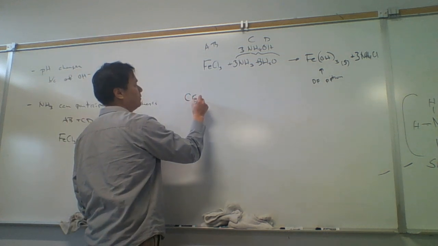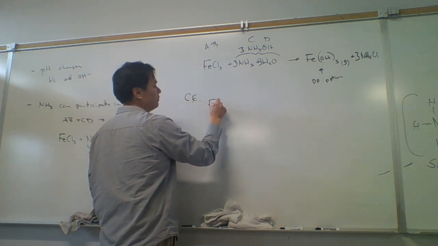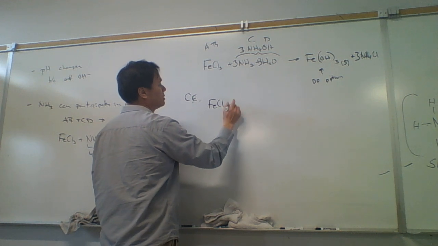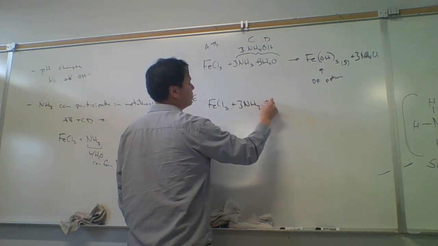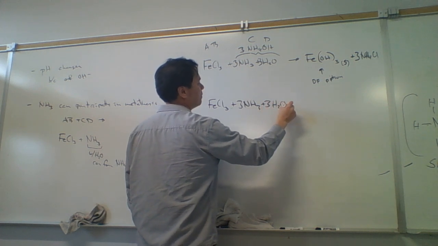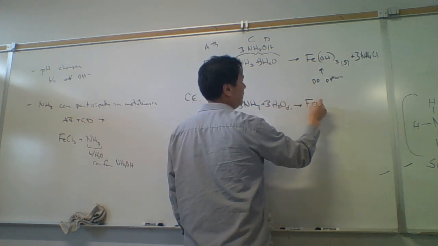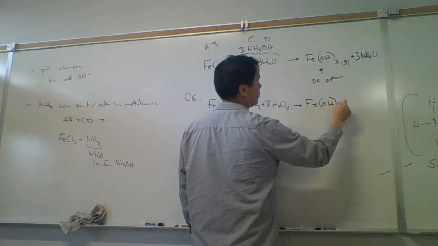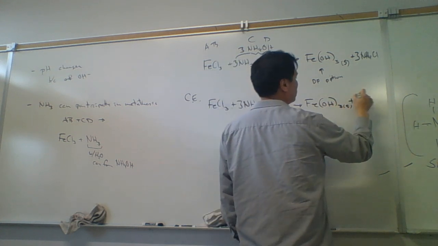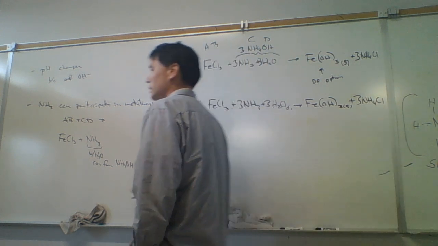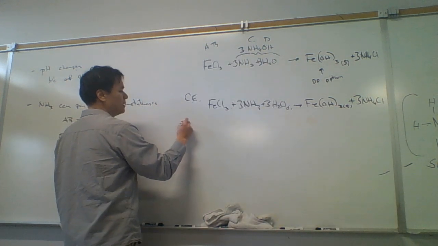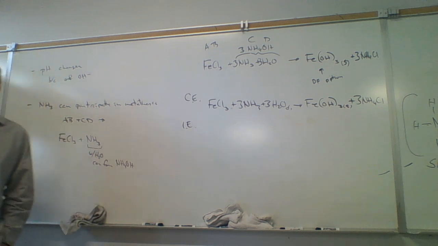The CE for this is going to be FeCl3 aqueous plus 3 ammonias, which will be aqueous, plus 3 waters, which will be liquid, yields Fe(OH)3 solid, plus 3 ammonium chloride. That's a CE. What's the IE for this ionic equation?